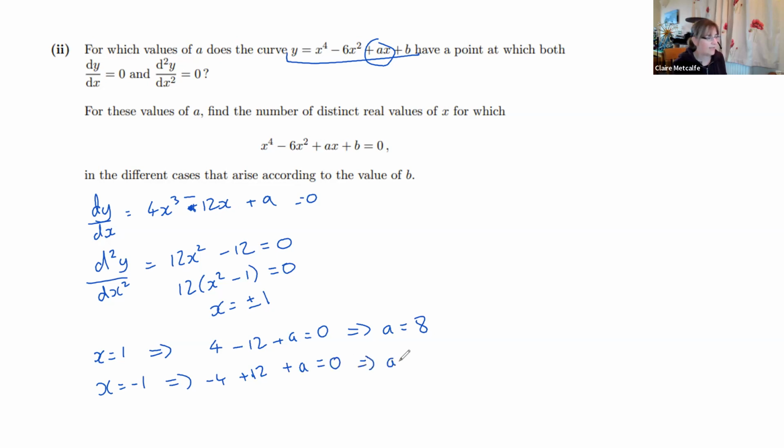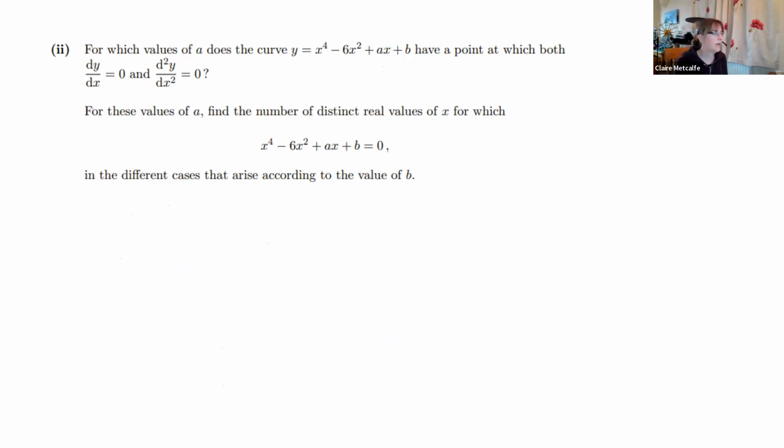That gives me a equals minus 8. Okay, so I'm just going to clear those drawings and then write that out again. So when x equals 1 is the point, then a equals 8. And if x equals minus 1, then a equals minus 8. So those are the 2 different values.